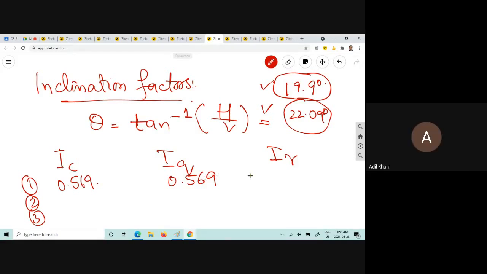Zero, sir. This is 0. Sir, Ic equal to 0.57. Okay. And Iq? Same, sir.